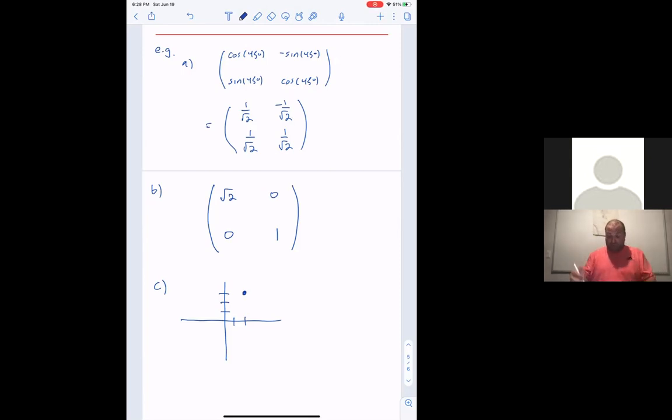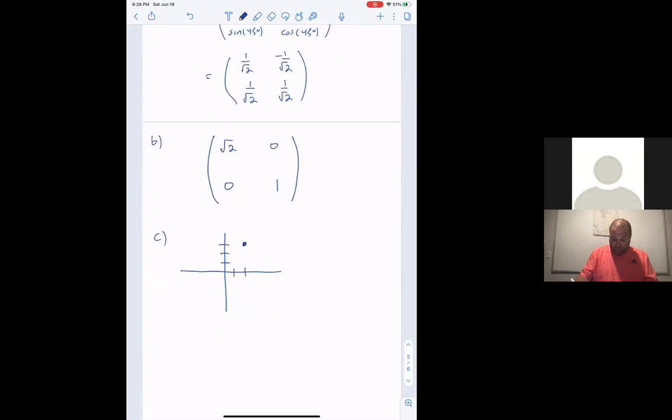If I don't use matrices, then I have to imagine a circle here. That's a horrible circle. Let's try that again. Imagine a circle. Okay, there's my circle. A 45-degree rotation would be along the y-axis, so it would end up over there.